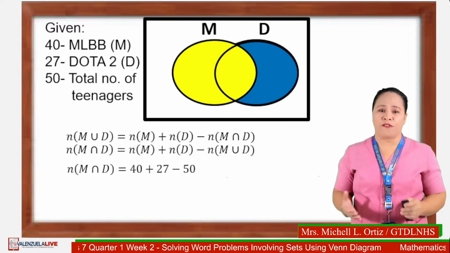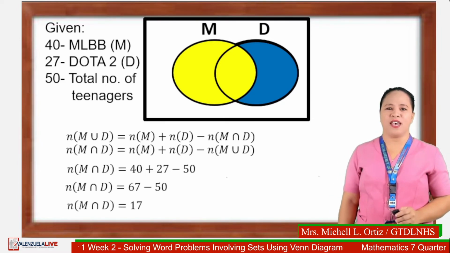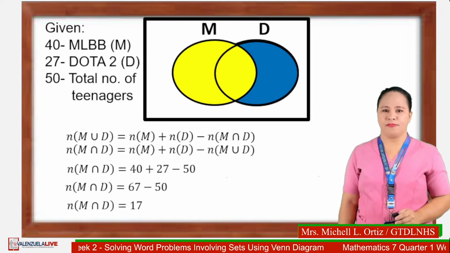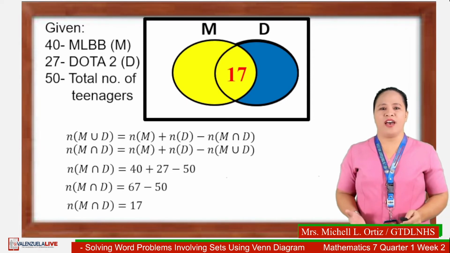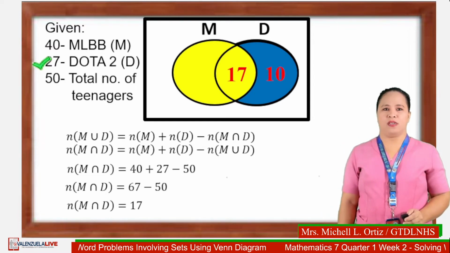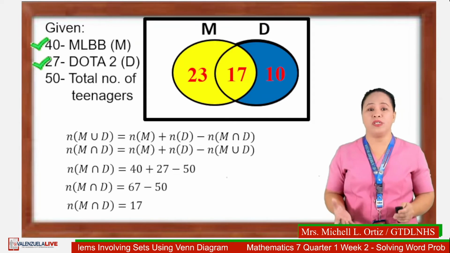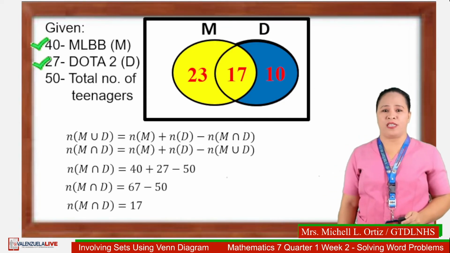And so, therefore, the intersection will be solved as 17. So we have the following cardinality for the regions. Make sure also to satisfy the cardinality of the universal set, which is 50.